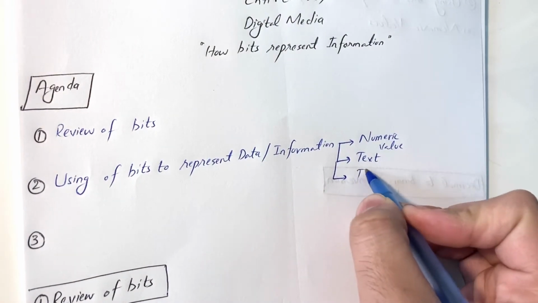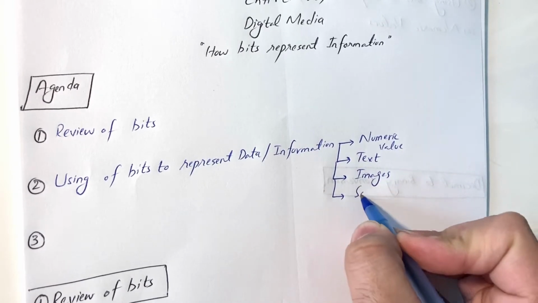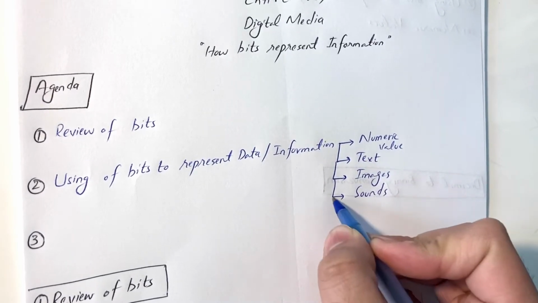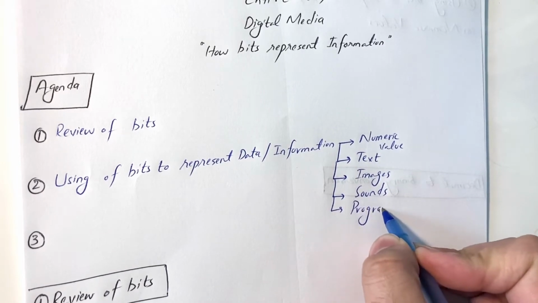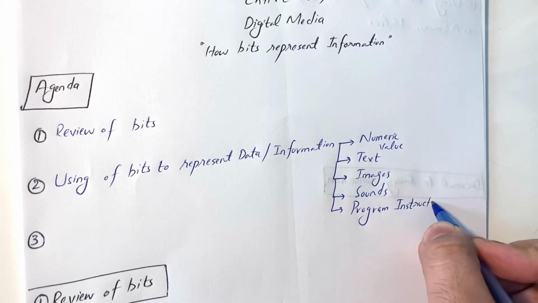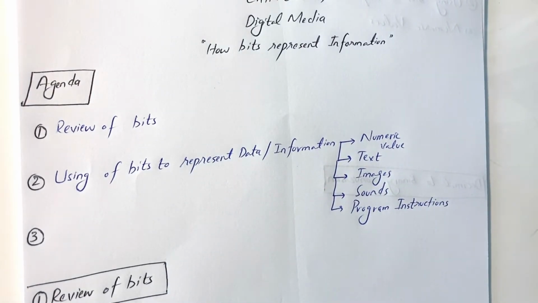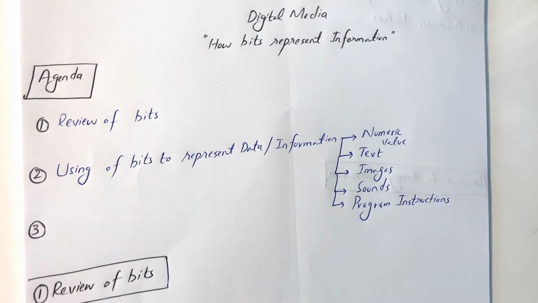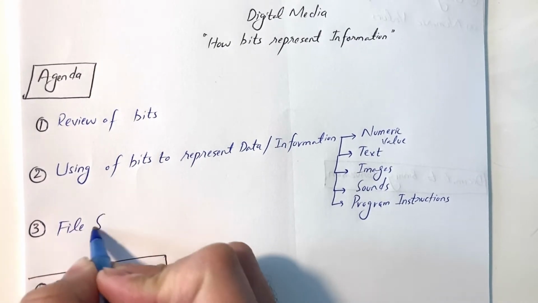Then we will see images, sound, audio, and program instructions. So we'll see how we can convert all these values, like numeric values and textual data, into binary. The third agenda item, we'll see what is a file.